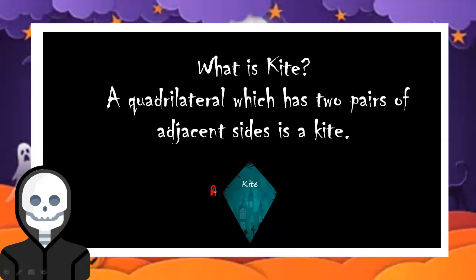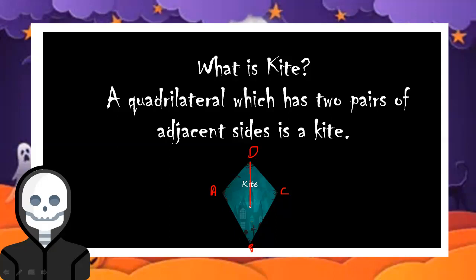Now let's move on to the last property of the kite. Let's mark them again. The below one is B. In the above figure, diagonal BD divides the kite into congruent triangles. Here, triangle ABD is congruent to CBD.